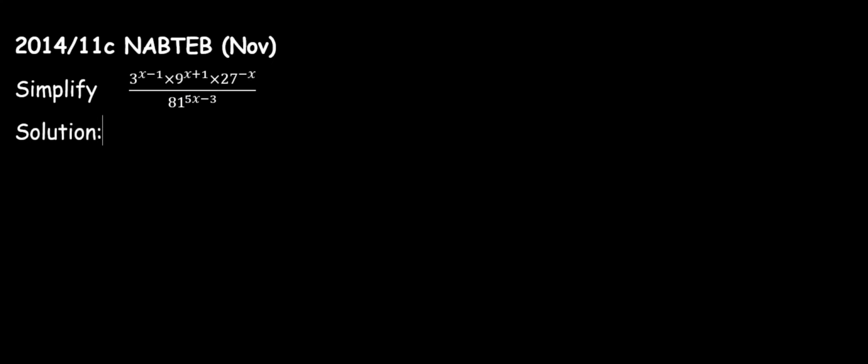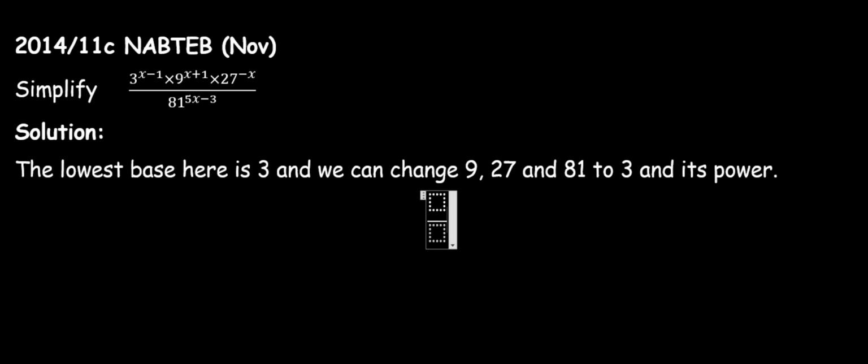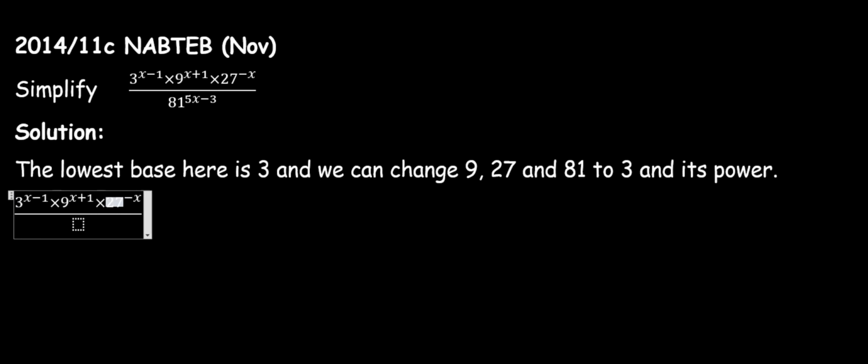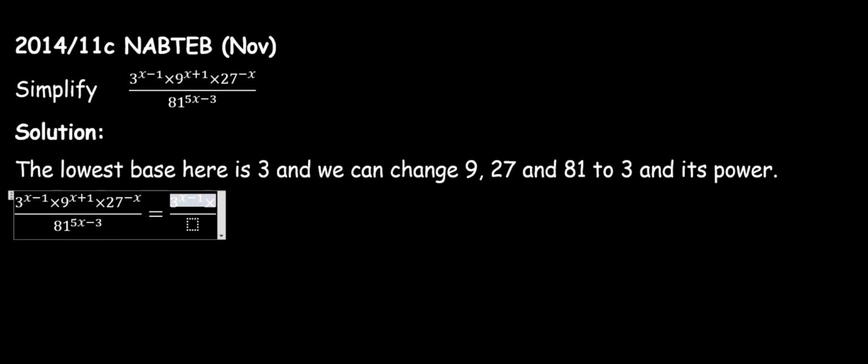Solution. The lowest base here is 3. We can change 9, 27, and 81 to 3 and its powers. We write our problem, which is 3 raised to power x minus 1 times 9 raised to power x plus 1 times 27 raised to power minus x all over 81 raised to power 5x minus 3, equals 3 raised to power x minus 1 times, note 9 becomes 3 squared.